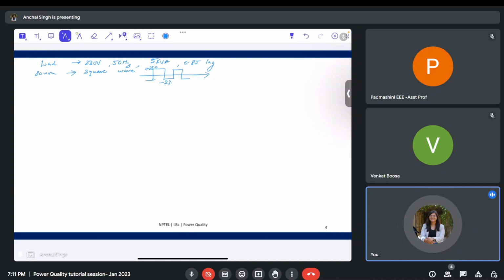Now we know that the fundamental component of the supply voltage for a square wave is 0.9 times Vs, that is the amplitude, right?